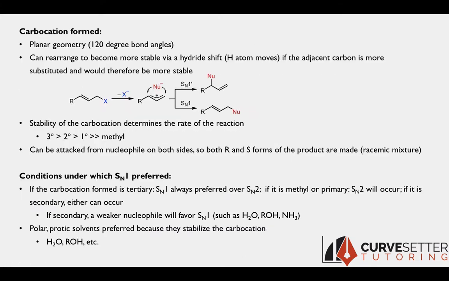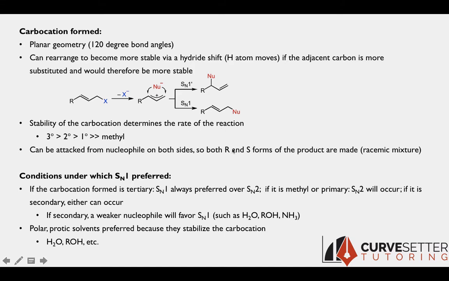So you form a carbocation intermediate, and that carbocation has carbon bound to 3 other atoms. So it has planar geometry and 120-degree bond angles. Why is that important? Well, that's important because that carbon has planar geometry with its 3 attached groups, and it can be attacked from the nucleophile on both sides of the plane.